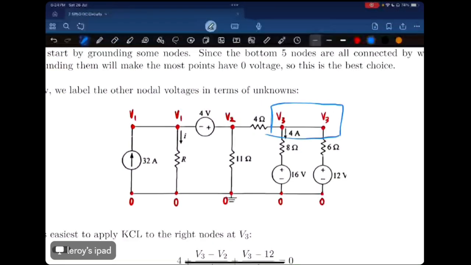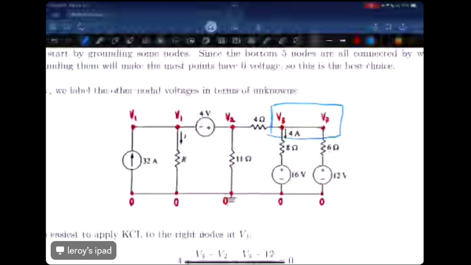Let's do this. The sum of currents is zero, right? By the convention I defined earlier, outgoing current is positive. So you have this current here, and this one here, considering the potential differences.